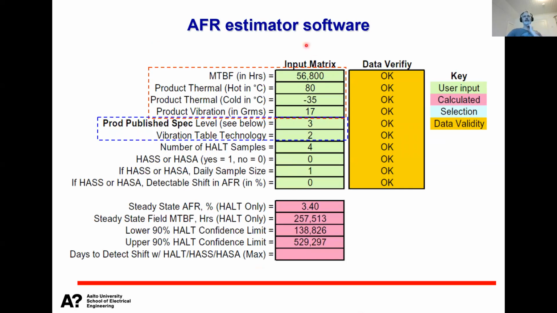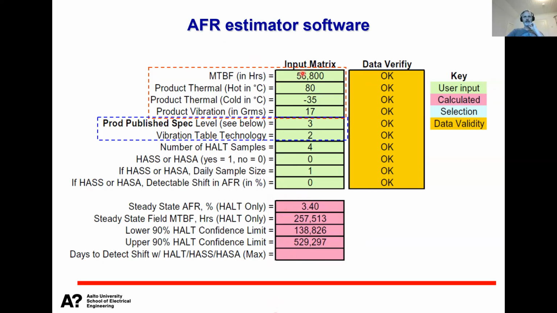So basically what they say is that the software has a kind of input matrix. These green cells here are something which the user inputs, and then the purple or pink ones, whatever the color is, are the output. So basically that is what the software is giving.